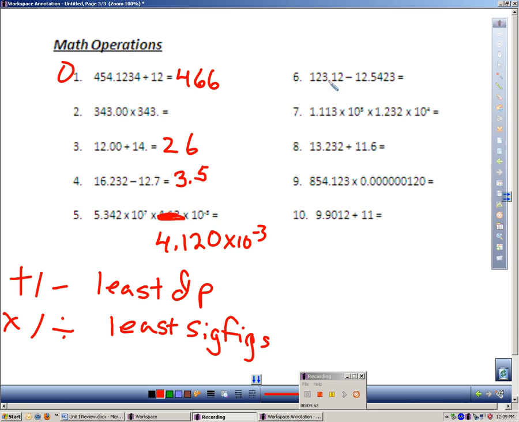So look at number 6. How many decimal places do I round to? 2 decimal places, right there and right there, because that's my decimal place. Anybody got an answer for number 6?